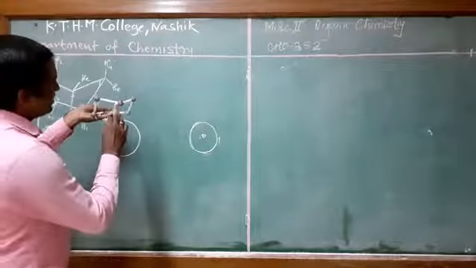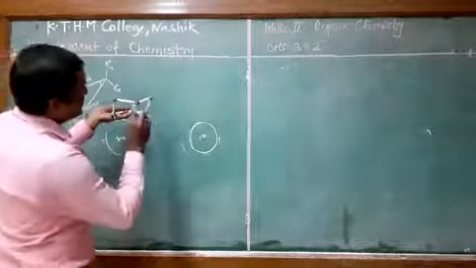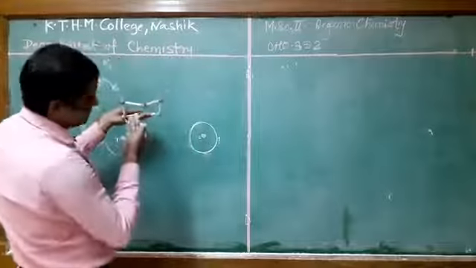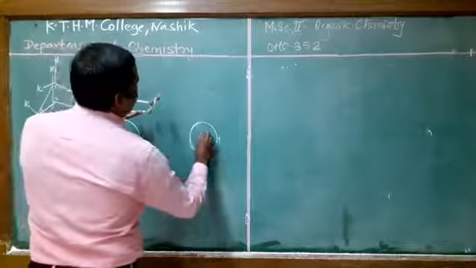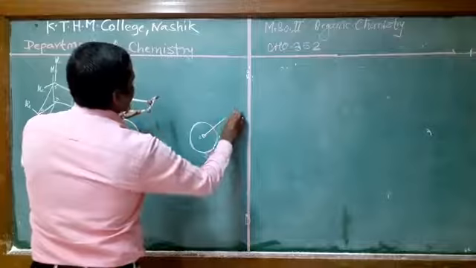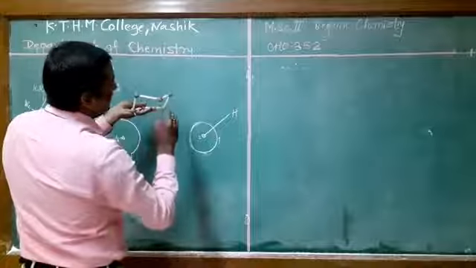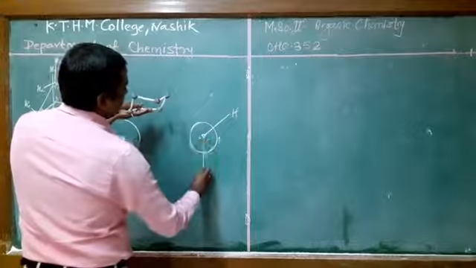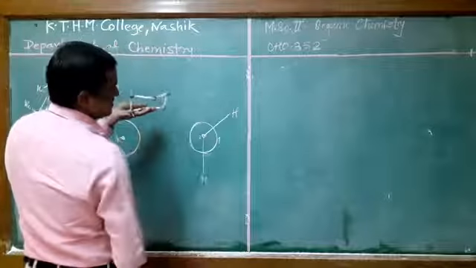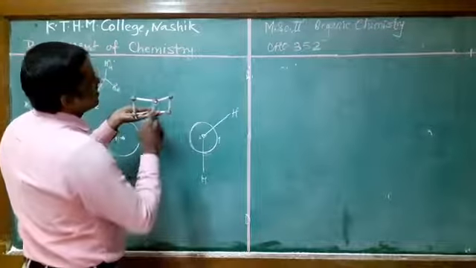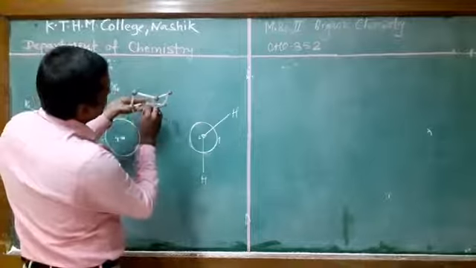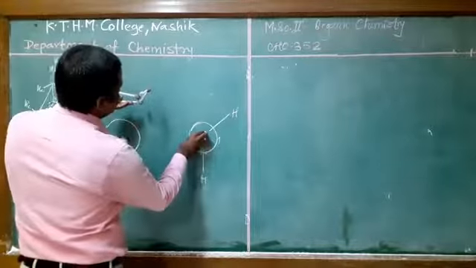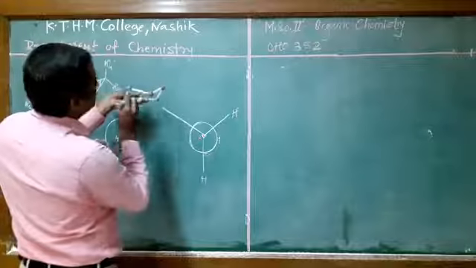When we look toward carbon number 2, we see the substituents: carbon number 2 has a hydrogen in the upward direction on the right-hand side and a hydrogen in the downward direction. But in the upward direction on the left-hand side, there is the joining of the carbon atom to carbon number 3.